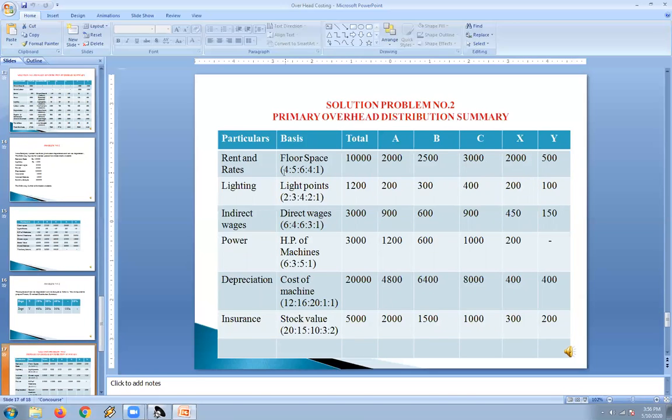The total of all these is 4 plus 5 is 9, plus 6 is 15, then plus 4 is 19, plus 1 is 20. So 10,000 into 4 by 20 is 2,000. 10,000 into 5 by 20 is 2,500. 10,000 into 6 by 20 is 3,000. 10,000 into 4 by 20 is 2,000 and 10,000 into 1 by 20 is 500.